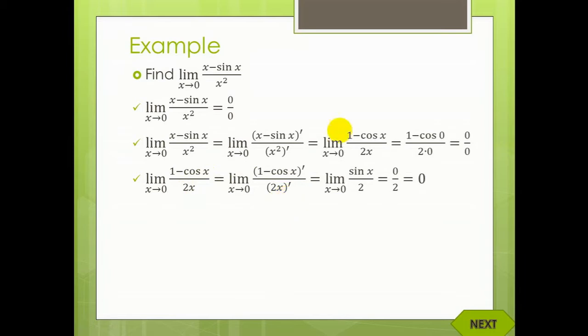The derivative of minus cos x is sin x, over the derivative of 2x, which is 2. When x approaches 0, sin 0 over 2, sin 0 is 0, and 0 over 2 is 0. So this function has limit 0.